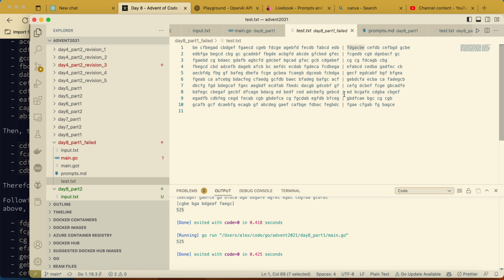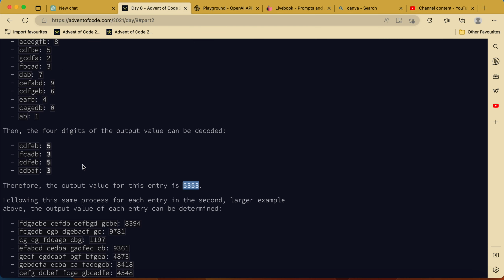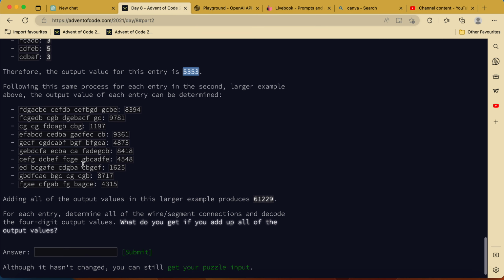And now we will need to adjust for that and to provide a sum of these digits that we get.